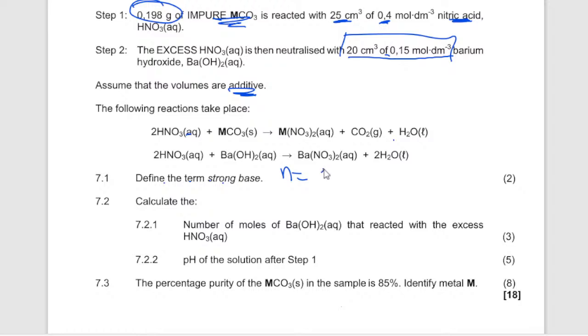Yes, concentration times volume, whereby number of moles is equal to concentration. We have the concentration, which is 0.15, times volume, which is 20 divided by 1000. So that number of moles, let me check if I calculated it.